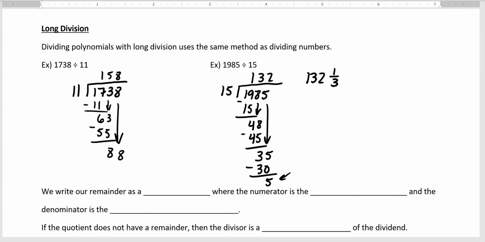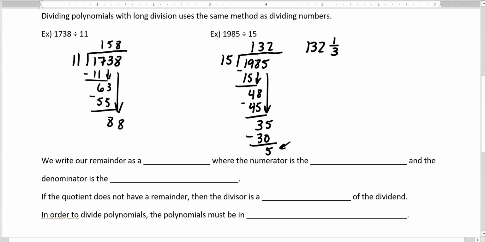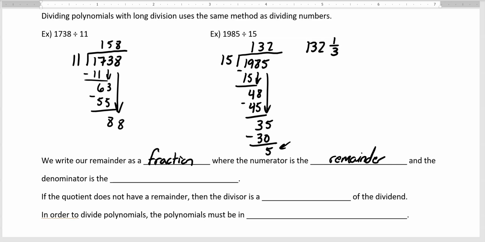And that's the process. Hopefully we're feeling pretty comfortable with long division. If not, might need to give our 4th grade teacher a call. Or we can work on that together. So we're going to write our remainders as fractions, where the numerator is the remainder, and the denominator is the divisor, what's doing the dividing.